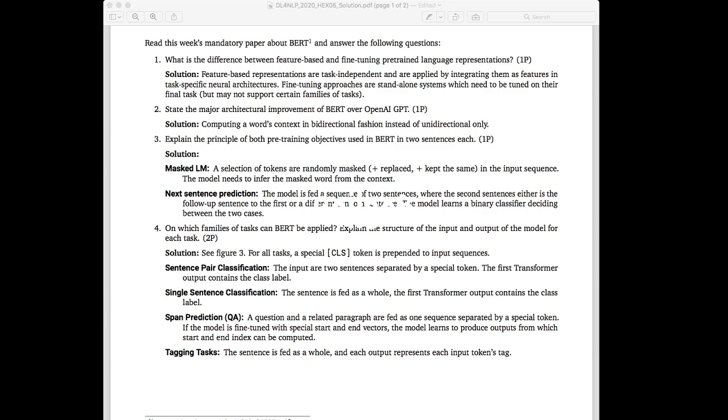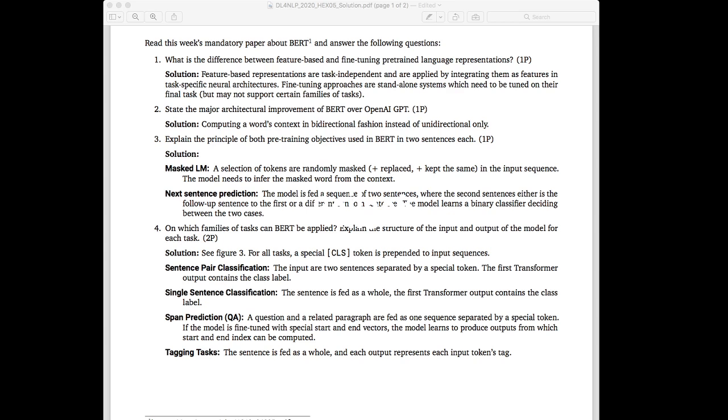We use the concatenated input, which is separated by special tokens. We feed this input into a transformer, and then we can get the embeddings for the CLS token, which is able to represent the whole sentence.